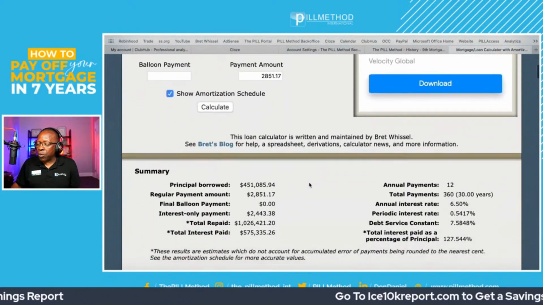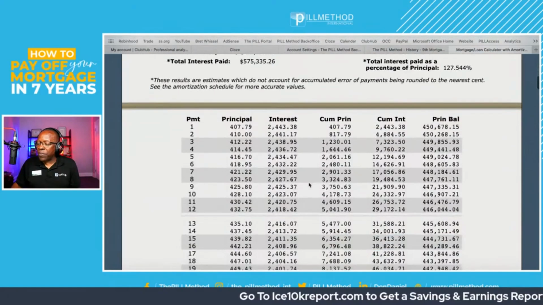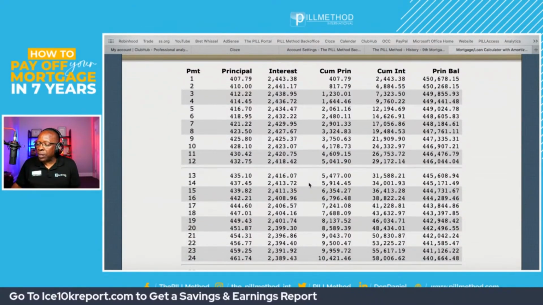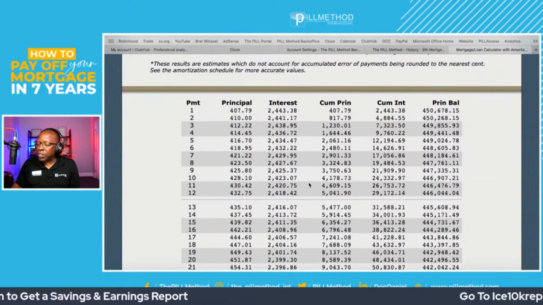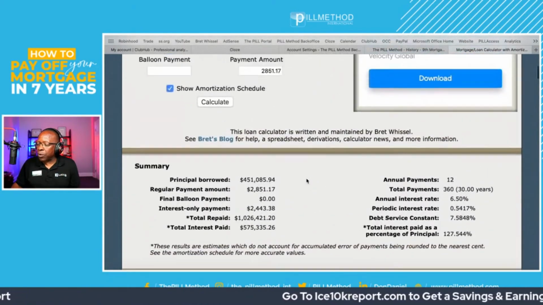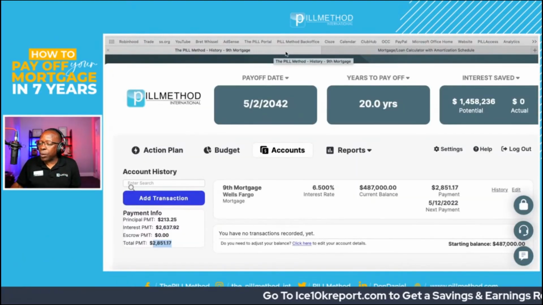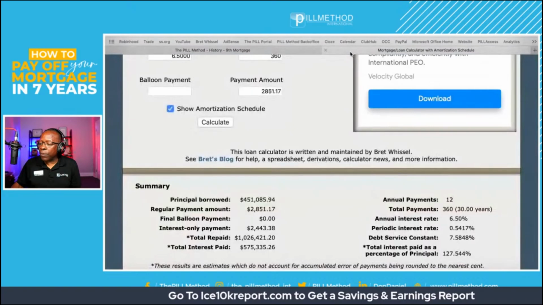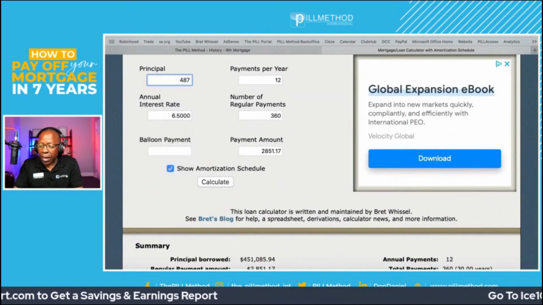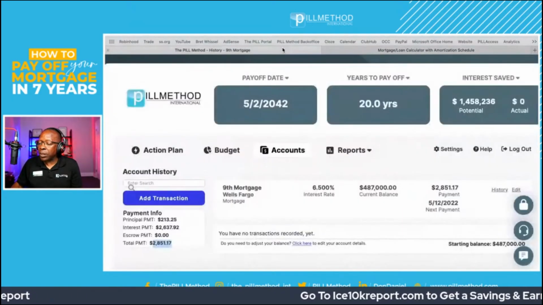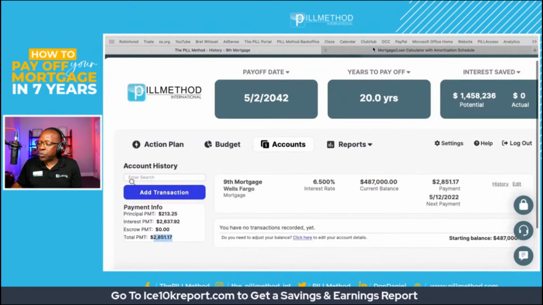So remember, I said we're going to put about $4,000 on this and prepay this thing and see how much we can do here. So we're going to do that. There it is. Let me put in the right numbers. $487,000. Let me make sure that that's right. Okay, $487,000 at 6.5%.